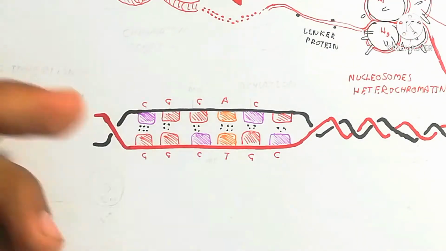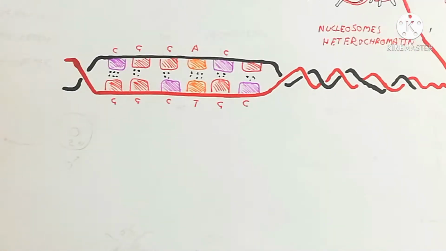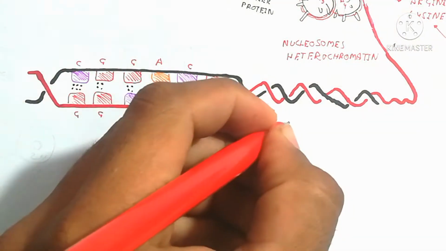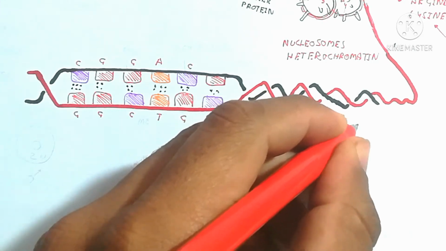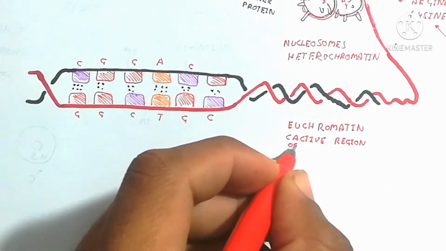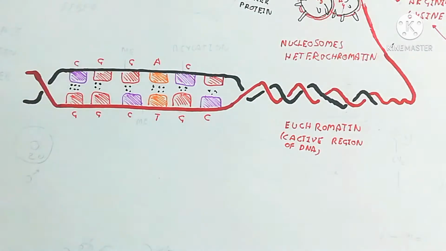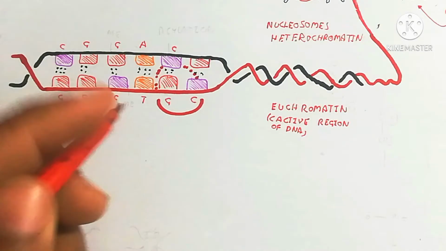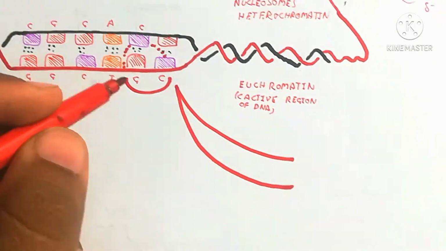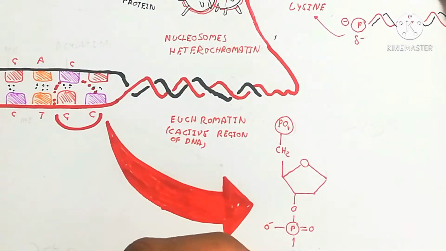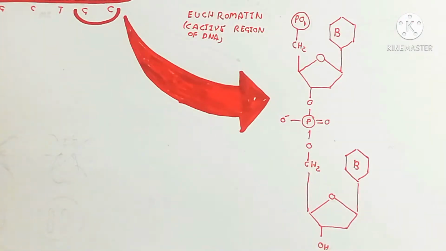Cytosine is always attached to guanine, these are the nitrogenous bases, and the phosphate group and ribose sugar are the backbone of the DNA, which, as double-stranded DNA, is basically the genetic material. So here is the euchromatin, the active region of DNA, which is used for the production of protein and function.